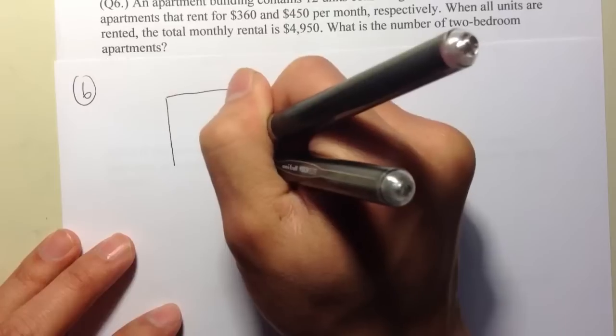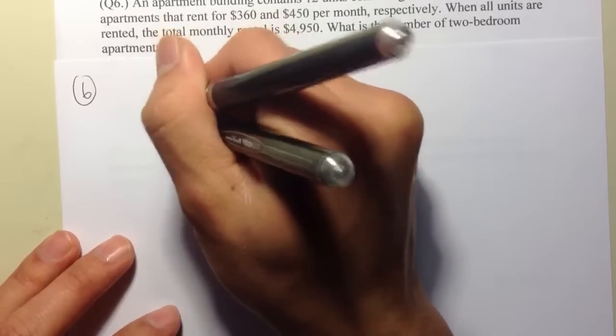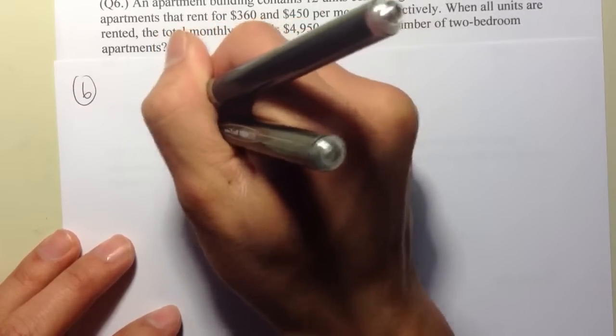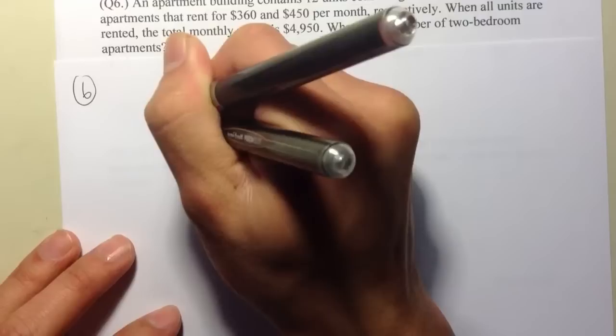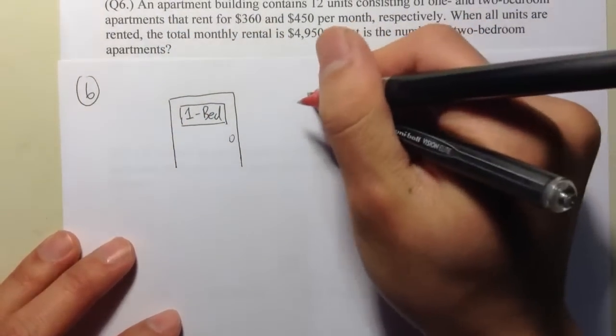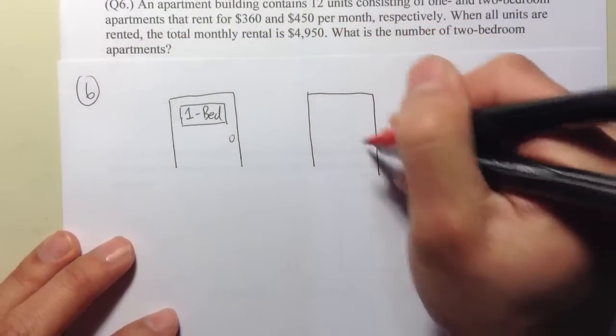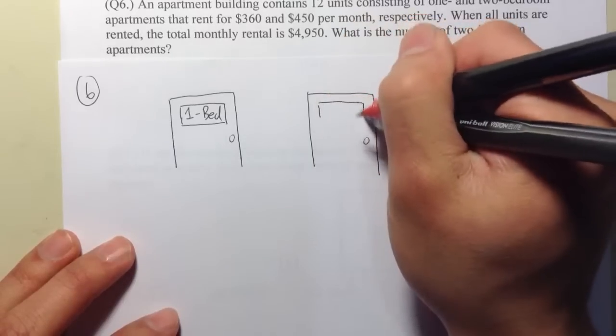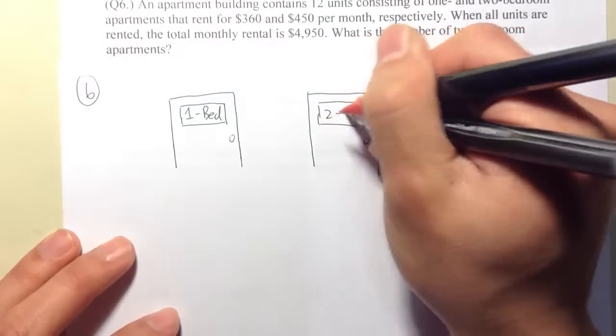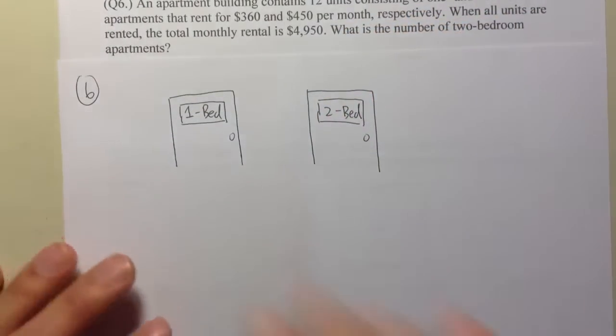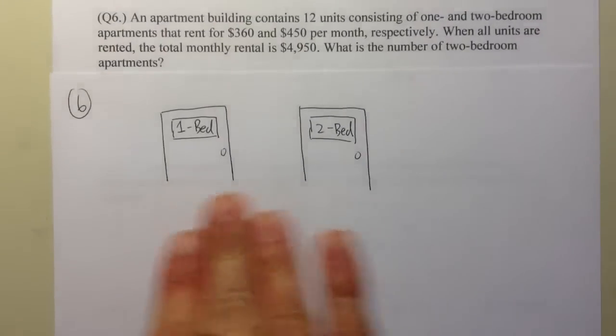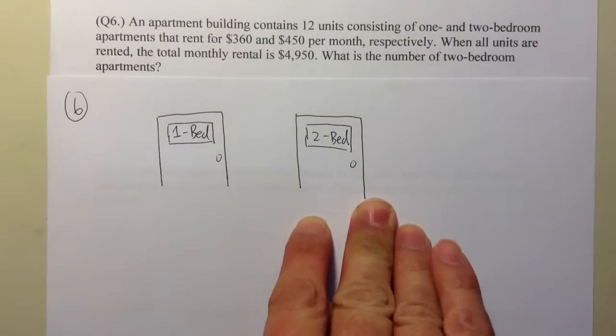So imagine that this is my door and this is the 1-bedroom apartment. And then I have another door, that's the 2-bedroom. We don't know how many 1-bedrooms we have, and we also don't know how many 2-bedrooms we have.